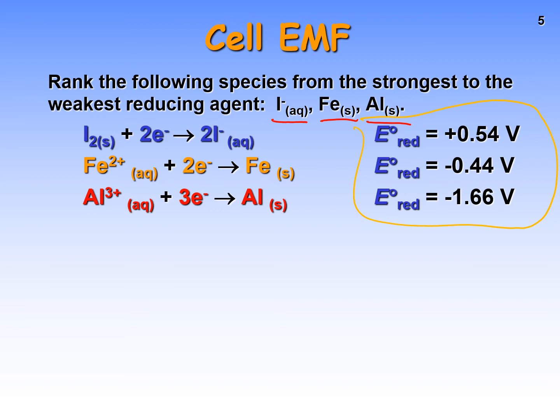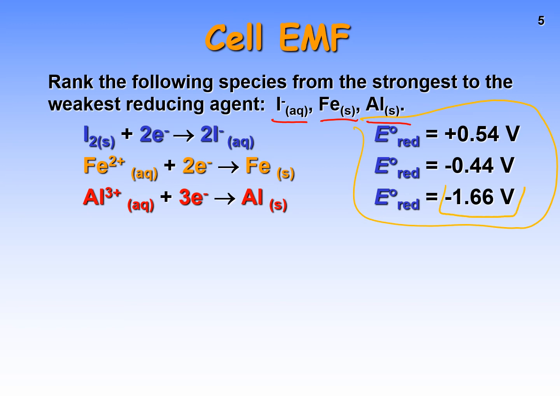And at this point, just using that relationship we just learned, we can determine which one is the strongest or weakest reducing agent. We know reducing agents are stronger when they become more negative because a reducing agent is something that's going to be oxidized.